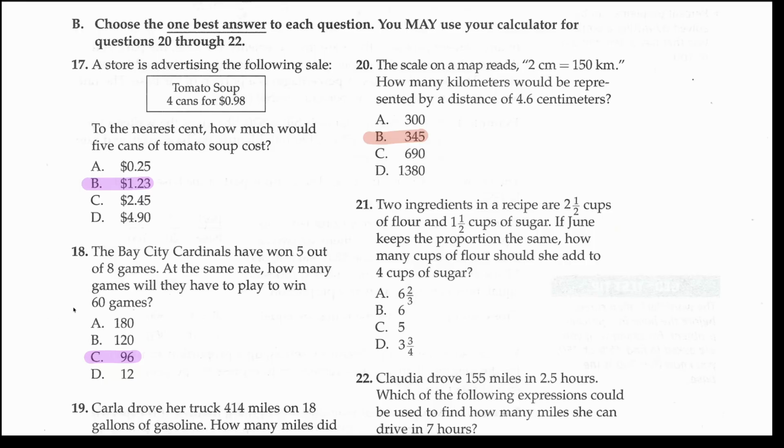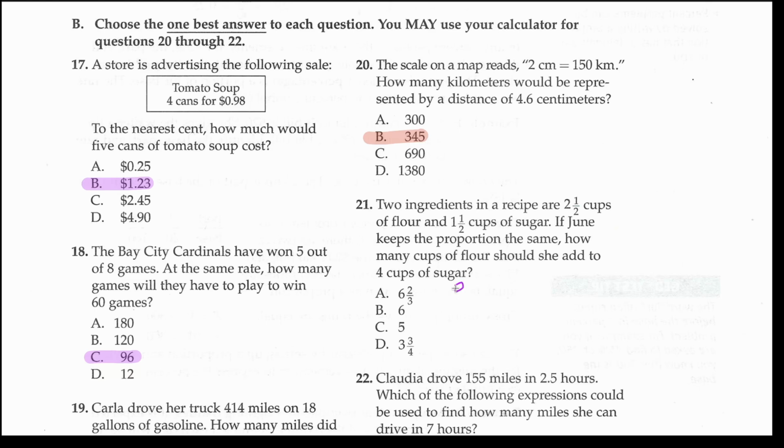Number 21. Two ingredients in a recipe are 2.5 cups of flour and 1.5 cups of sugar. So let's write that ratio first. You see, the first number represents flour. So I'll just do this for easier.